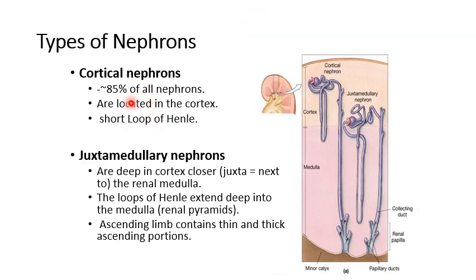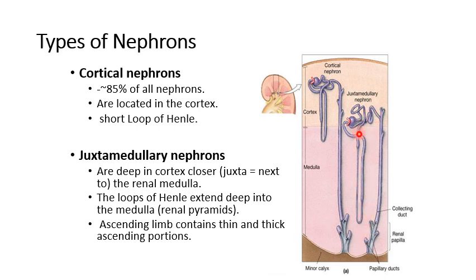As we mentioned in the previous slide, there are two types of nephrons, the cortical and the juxtamedullary. The cortical nephrons are present mainly in the cortex, and only a slight part of the loop of Henle is present in the medulla. And the juxtamedullary nephrons have a very long loop that extends deep in the medulla.